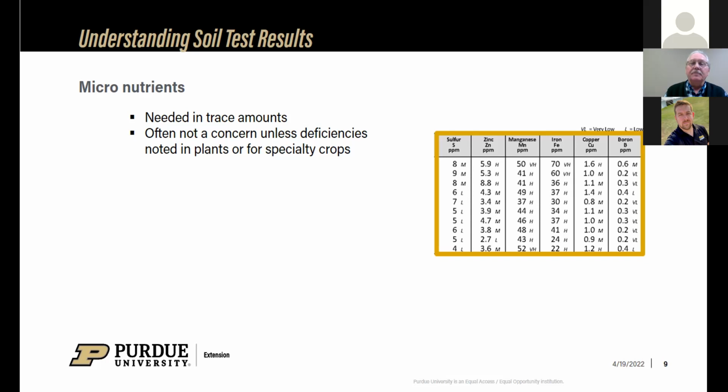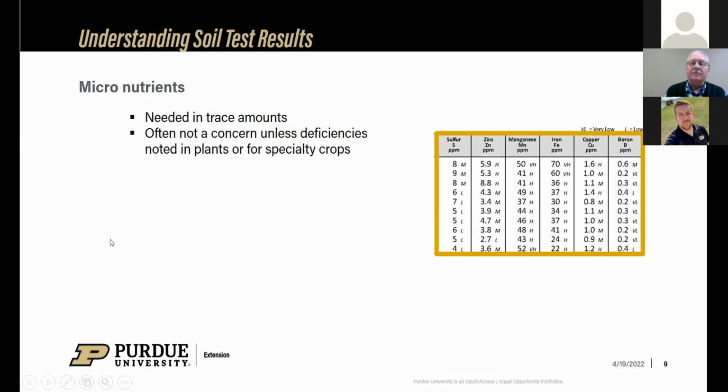We'll also notice iron deficiencies with oak trees, maple trees. Sometimes they get some of those iron deficiencies. It becomes noticeable in the change of the color in the leaves. So just trying to, again, think about what your needs are as to how you're going to look at that.